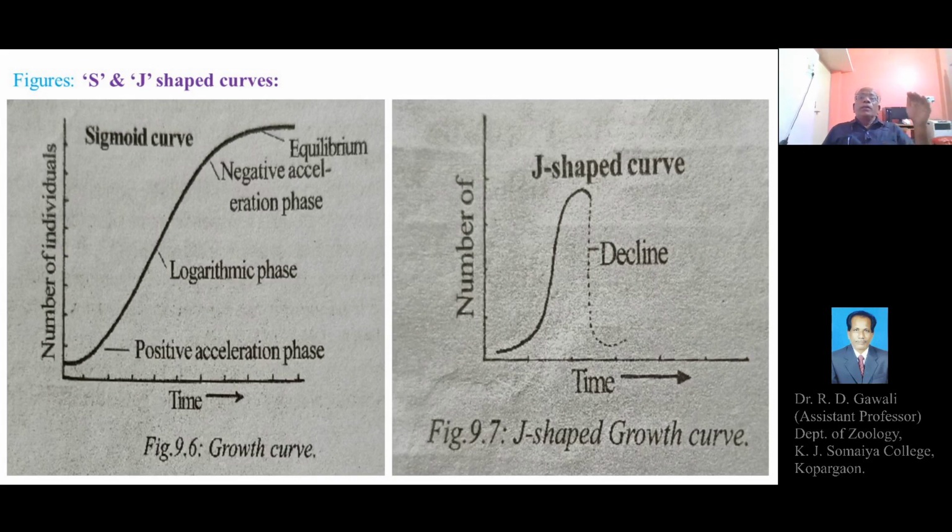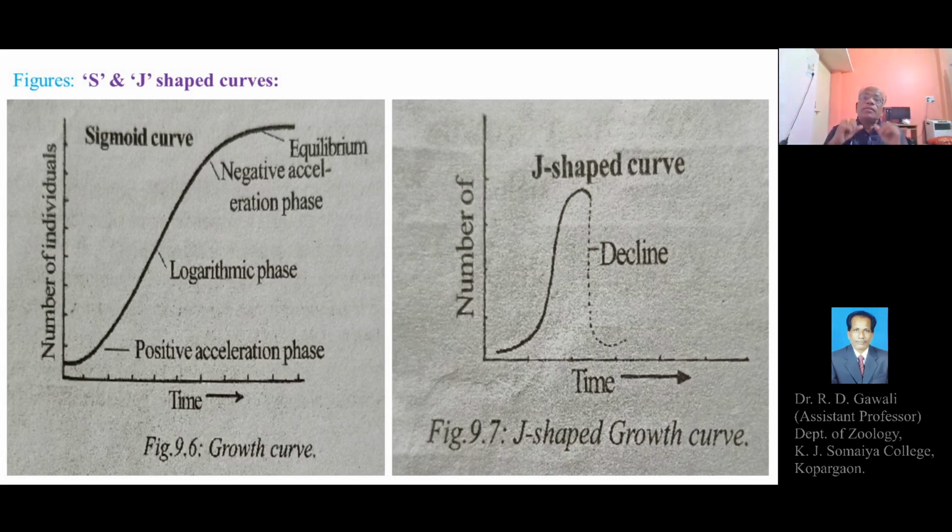Then the growth rate, or increase in the number of individuals in a population, slows down. There is a slow increase in the number of organisms, called the negative acceleration phase. This negative acceleration phase is due to the environmental resistance.